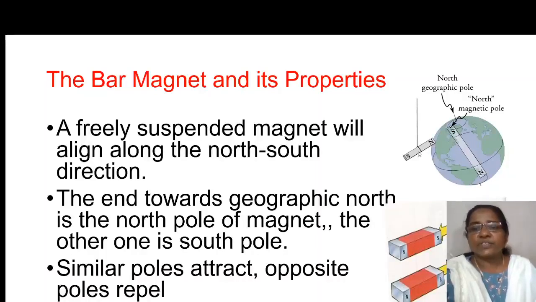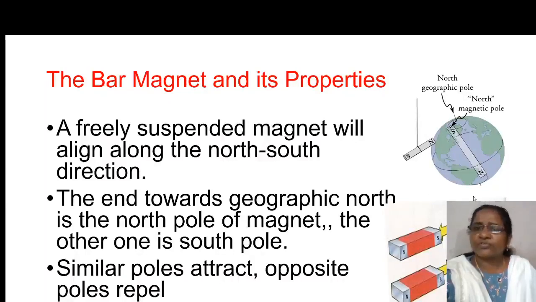And you know the property of magnet. When it is freely suspended, it will align along the north-south direction. The end which is pointing towards the north is known as the north pole. Why is it getting aligned along this direction? Because you are familiar that unlike poles attract, therefore naturally it will be attracted to a south pole.